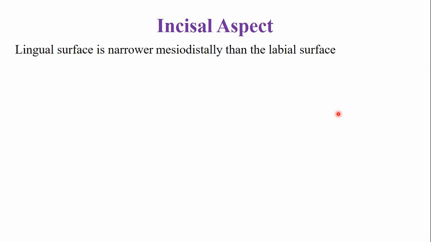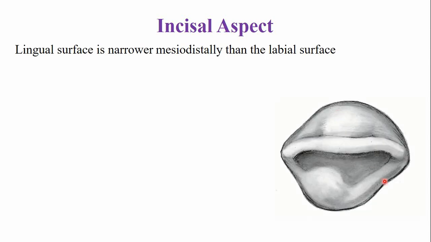From the incisal aspect, the lingual surface is narrower mesiodistally than the labial surface. This is the lingual surface, and the mesiodistal width is less compared with the mesiodistal width from the labial aspect.